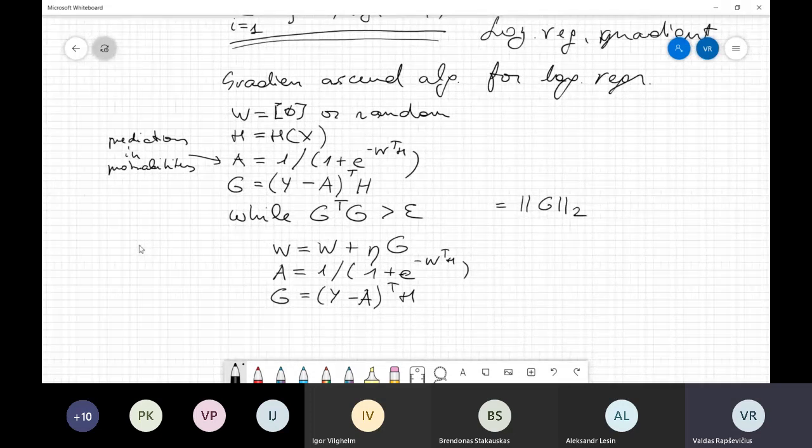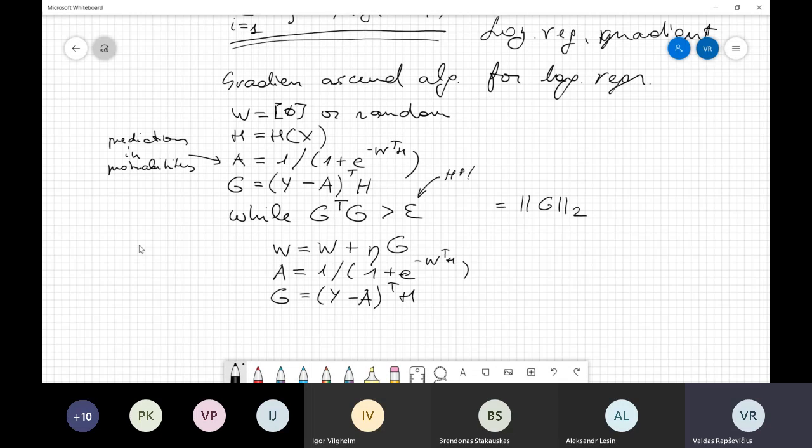These are the initial calculations, and then a while loop until we meet the condition. This guy is the hyperparameter alpha. This guy is again hyperparameter alpha. Okay, and we just do these calculations, right?